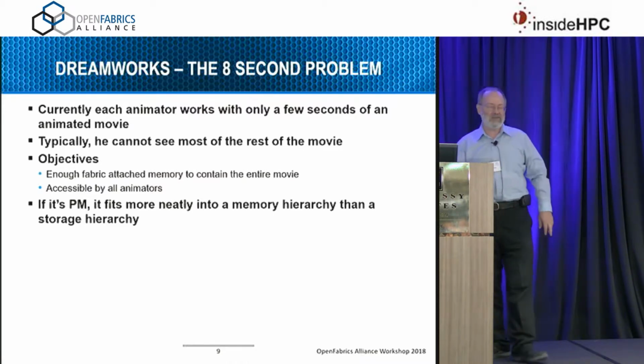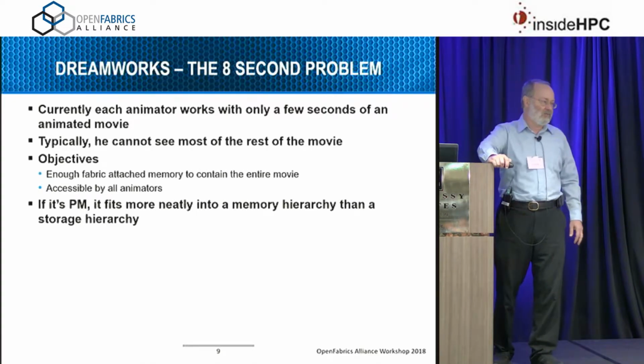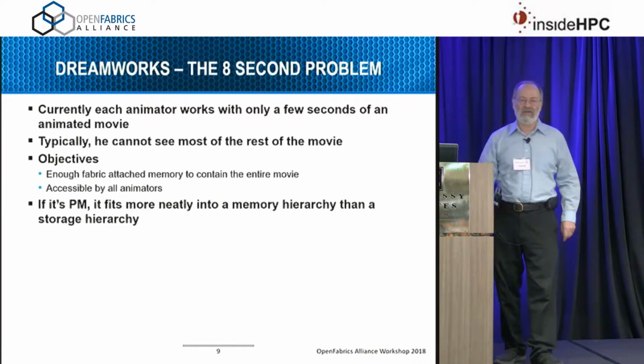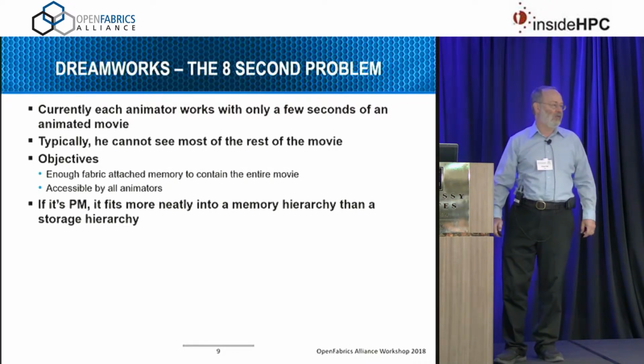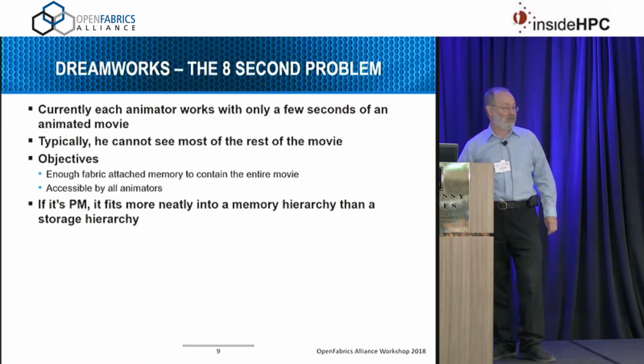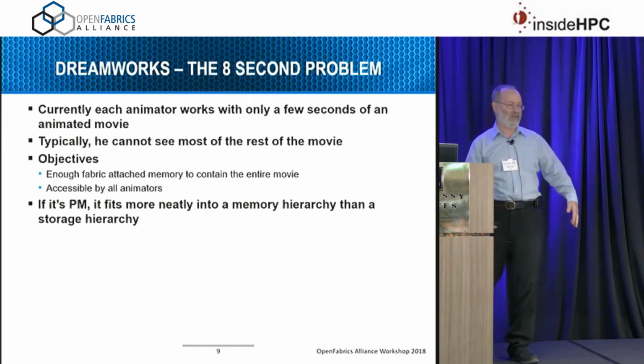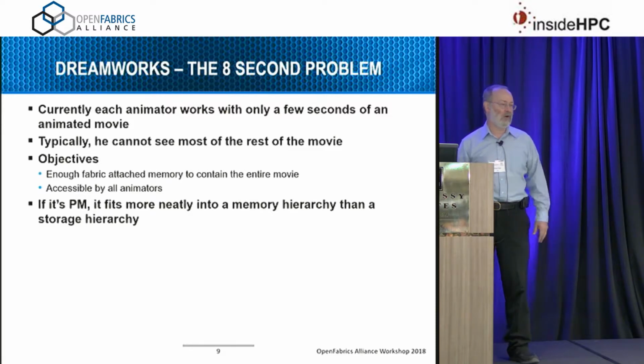And we think that persistent memory, both for capacity and persistence, could be an important part of that use case. All right, so that's a second use case that you can picture. DreamWorks is the most interested in it specifically. They talk about it. But they're a poster child for a certain category of work, right?